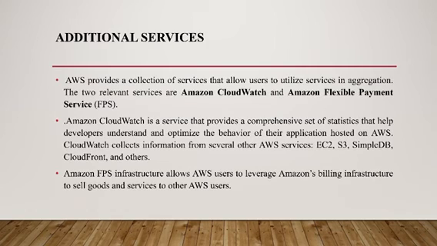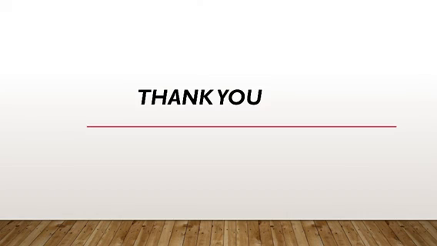And there are several other services like EC2, S3, SimpleDB, and others. And Amazon Flexible Payment Services is an infrastructure to allow users to bill for their infrastructure and to sell at a good price to other services.